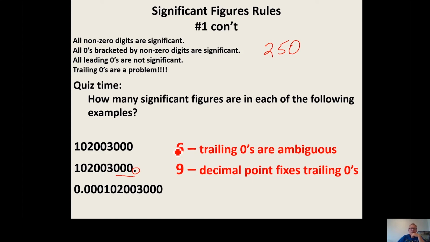So the chemistry rule would say you have 6 for the first one, you have 9 for the second one, and we can go by the chemistry rule. I'm not going to quibble about this. The last one, these zeros here are leading zeros. A decimal point does not fix the leading zeros. It does fix these, okay? So we have 1, 2, 3, 4, 5, 6, 7, 8, 9 for the last one.